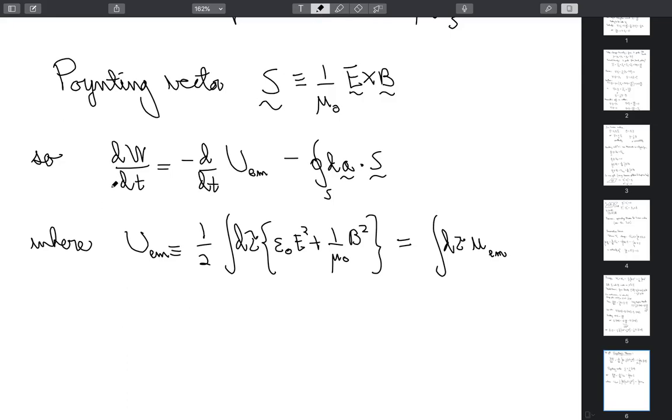My form that I have here. So let's say that essentially, say that there is no external work.